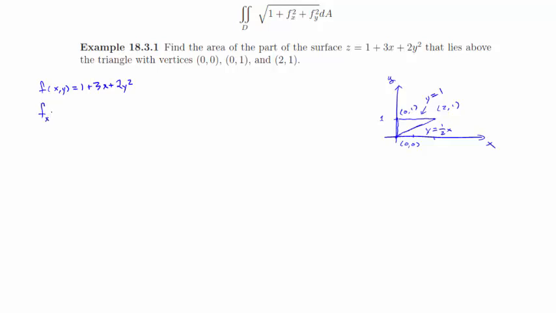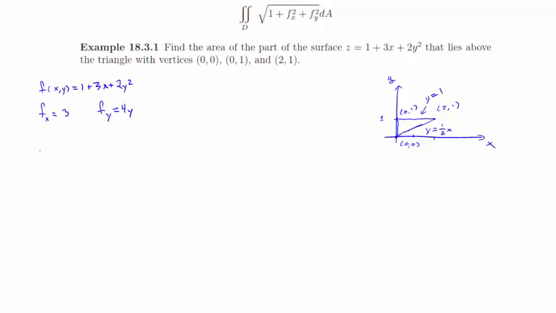So f sub x equals 3, and f sub y equals, oh no, I totally am not taking partial derivatives correctly. That's just a 3, because the y is a constant. My f sub y equals 4y.